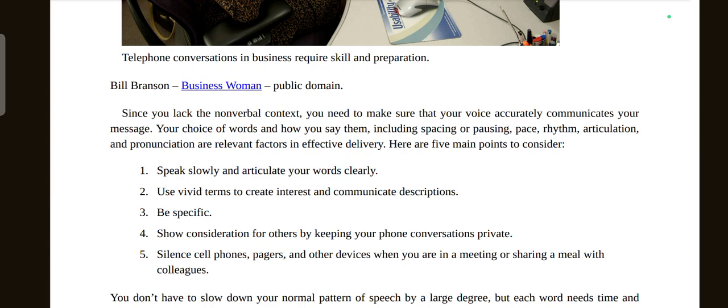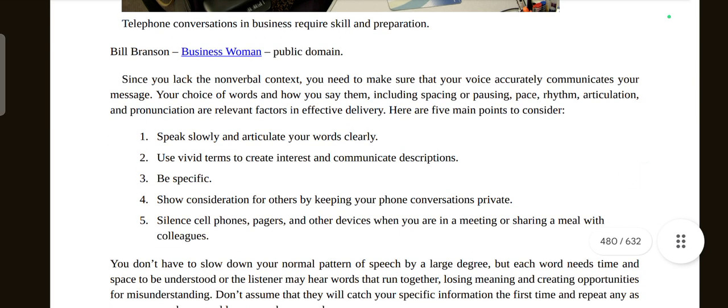So here are five main points to consider. You should speak slowly and articulate your words clearly because the listener will not easily understand the words you are saying if you speak fast. So speak slowly and articulate your words clearly so it should be understandable.